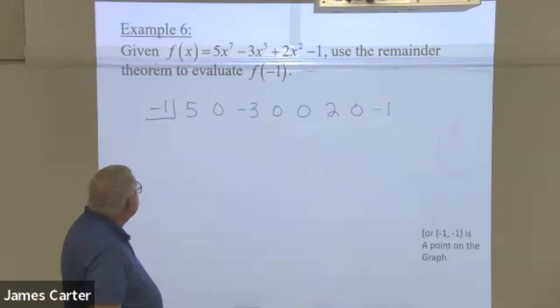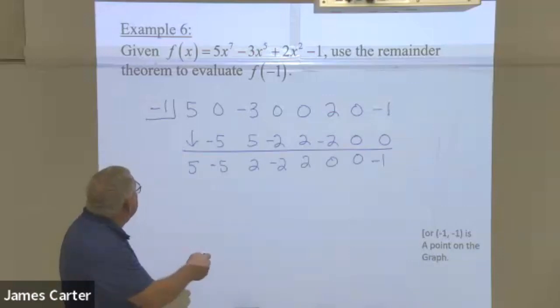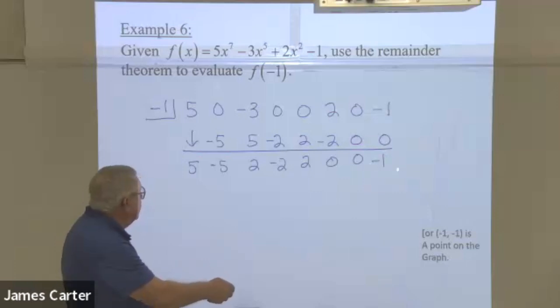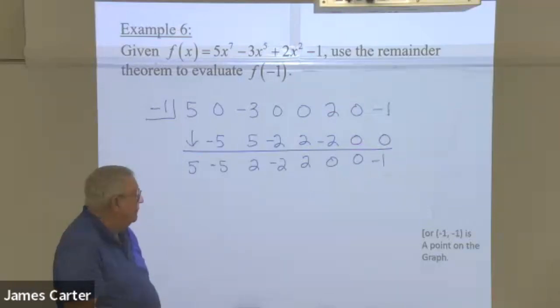So here's our synthetic layout on this, putting in the missing degrees. Okay. We bring down the first, multiply, add down, multiply, add down, add down, add down after we multiply. And we do have a remainder of -1 in this case.